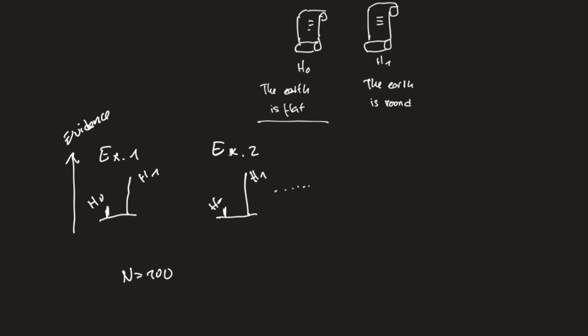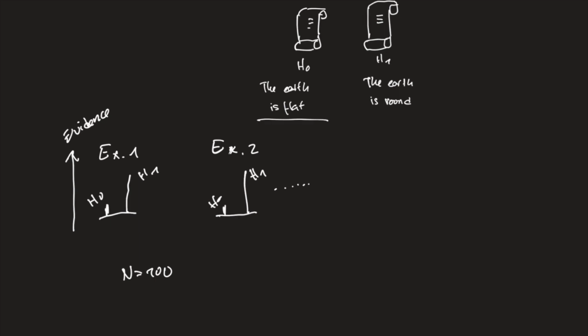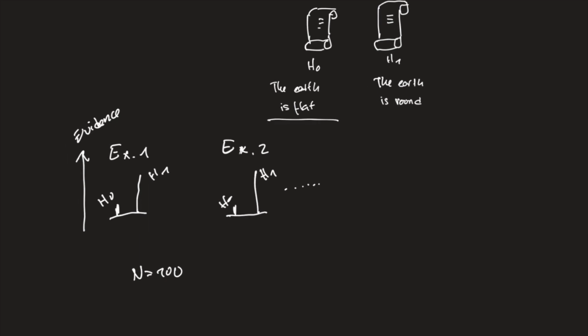But then suddenly we find one experiment where actually the data leans towards the hypothesis that the Earth is flat, and there's not much evidence of the Earth being rounded. So this happens in experiment i.